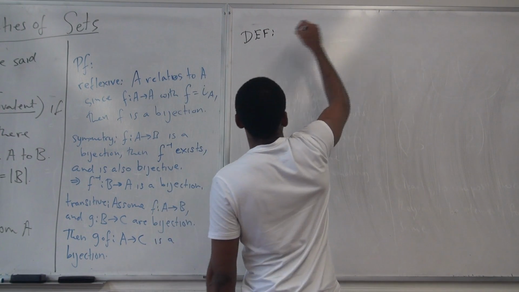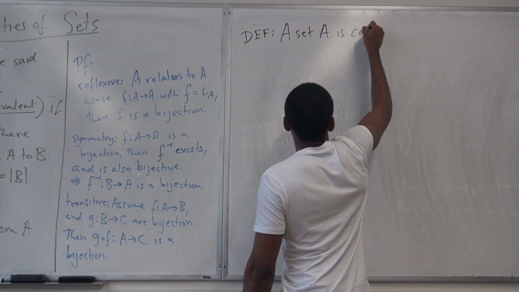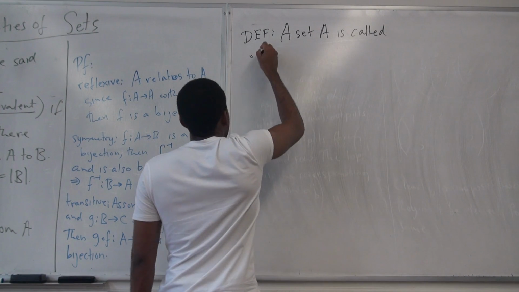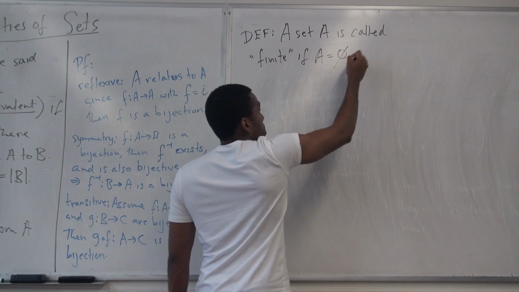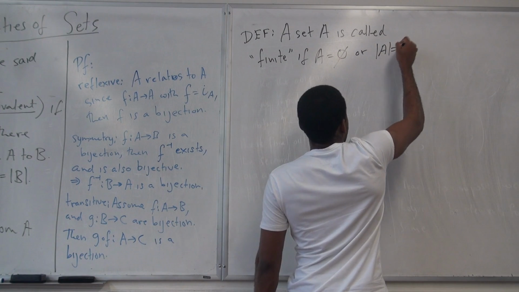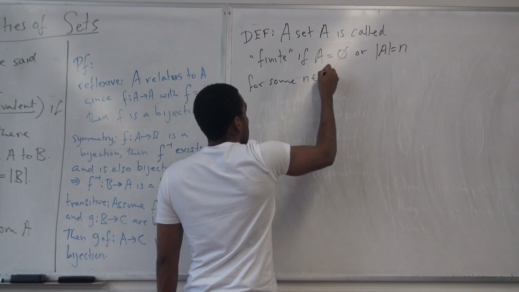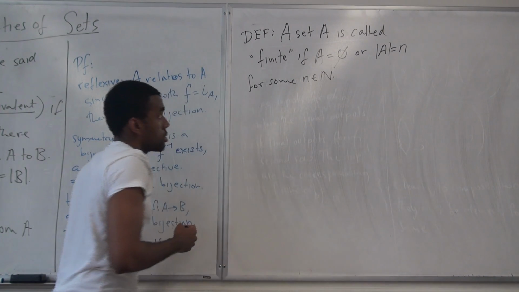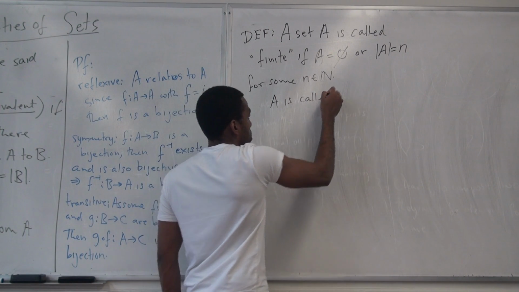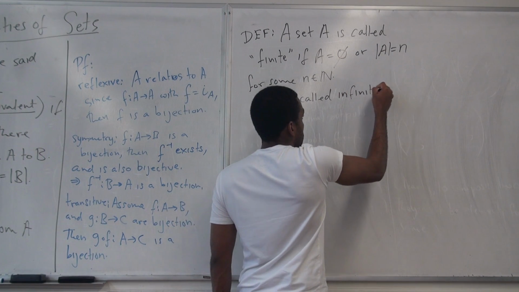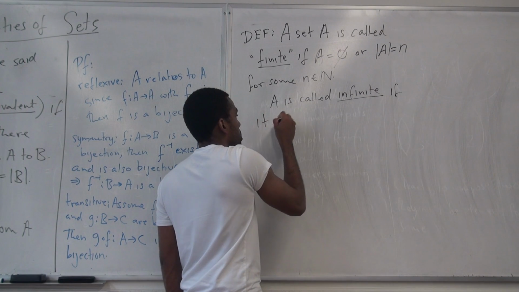A set A is called finite if A is either the empty set or the size of A is n for some n in N. So that's a finite set, and A is called infinite if it is not finite.